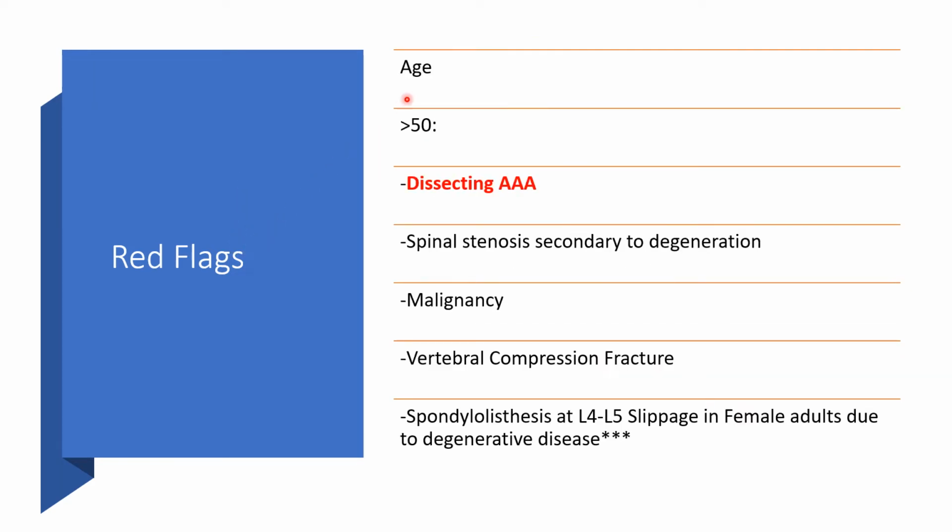Another red flag under the age would be someone older than 50. Here we'll be thinking of something as serious as dissecting abdominal aortic aneurysm. Here, consult will be sent to cardiothoracic surgeon immediately. Imagine, from lower back pain presentation to cardiothoracic surgery.